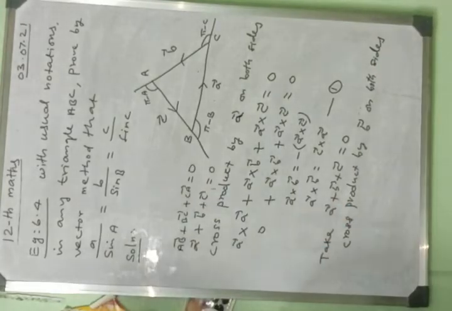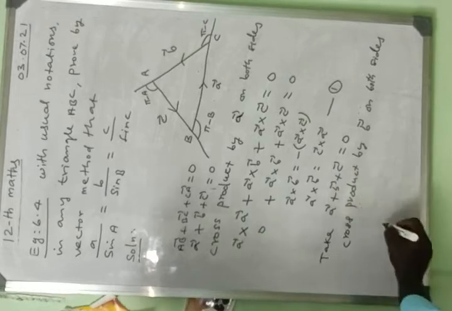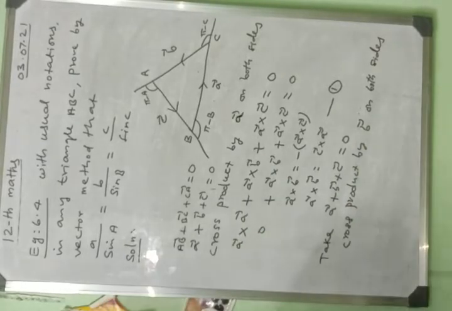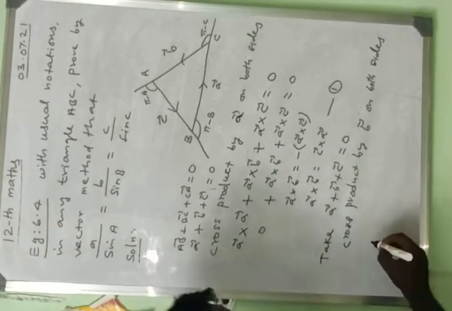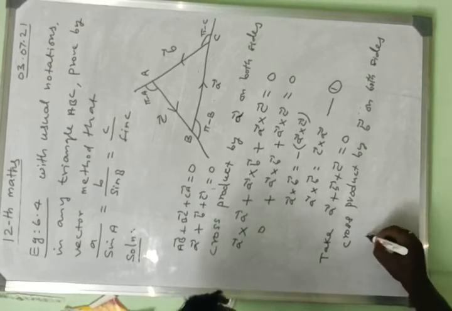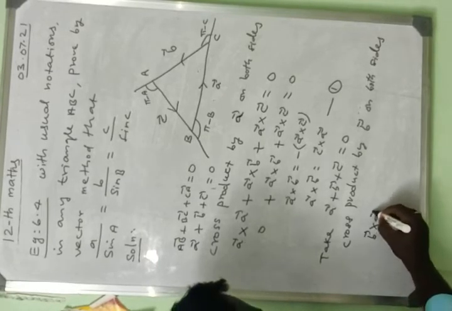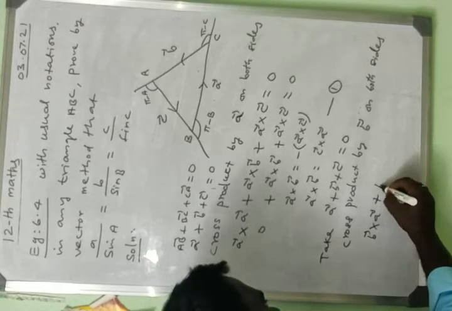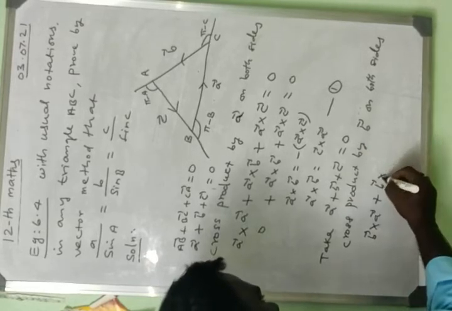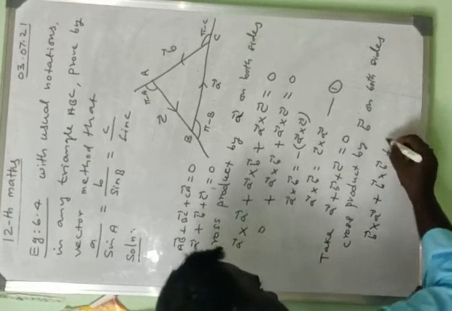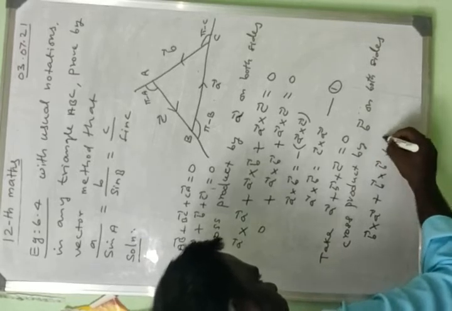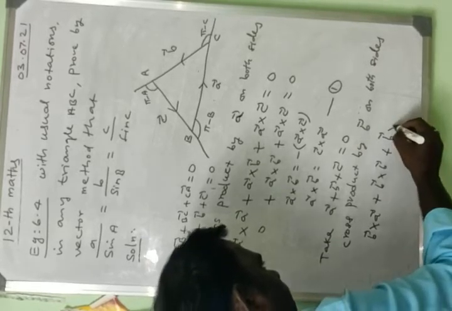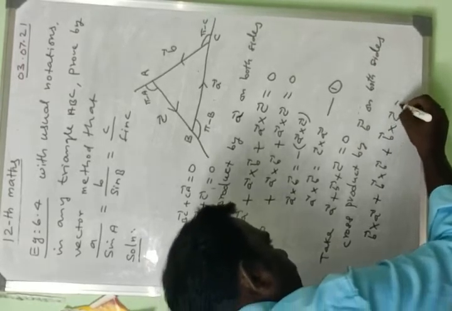Now mark vector B cross vector A plus vector B cross vector B plus vector B cross vector C equal to 0.